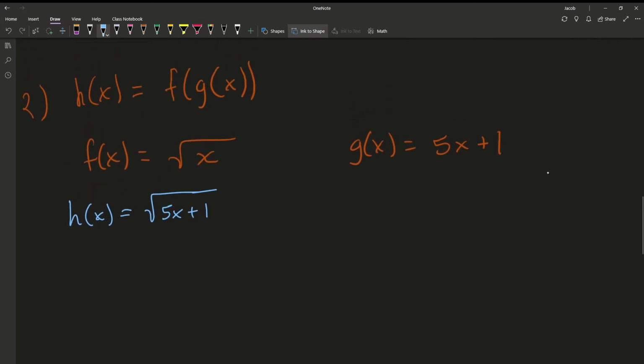So now that we know this is a square root function with this input inside of it, I have to determine where 5x plus 1 is less than 0. So I'm going to take 5x plus 1 and set that equal to 0, and then figure out which side of 0, so which x inputs will produce negative inputs.